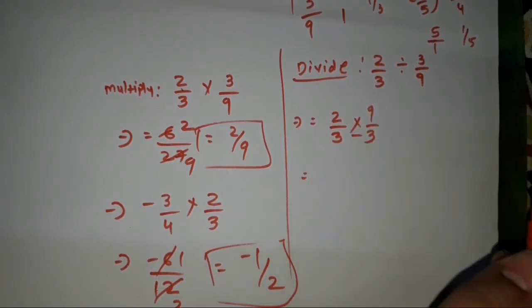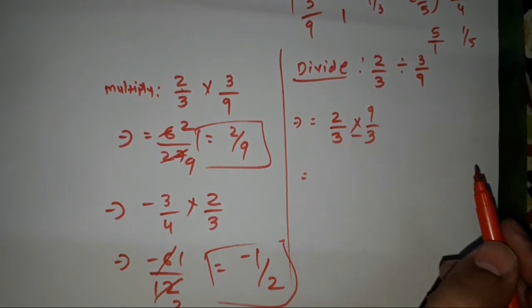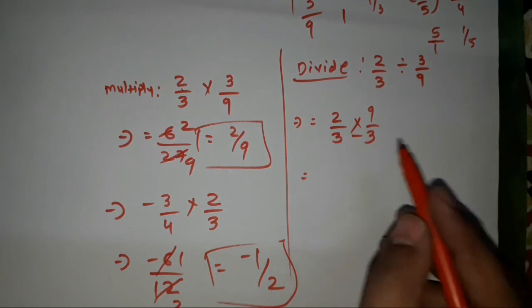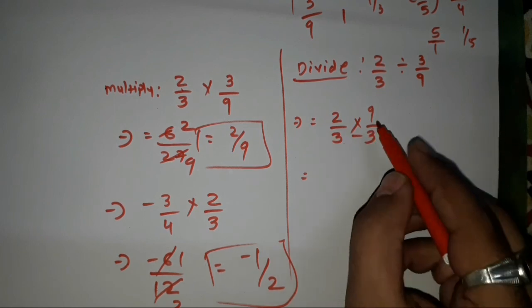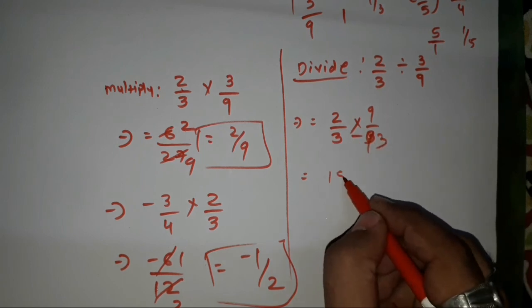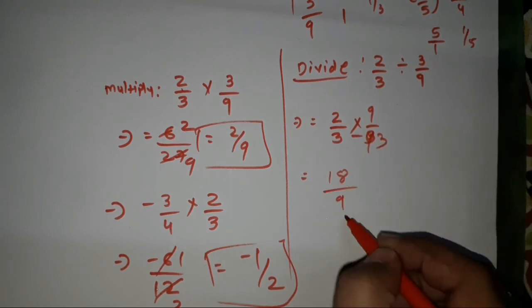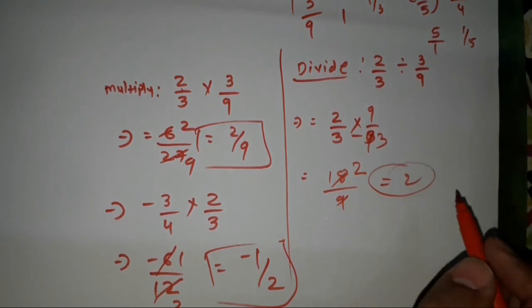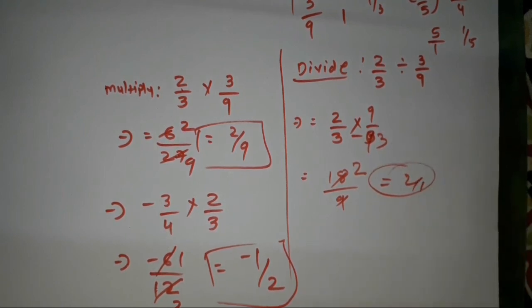Now here I have to put the multiplication sign. Now we know that I can multiply this. Sorry, here it is 3. So 2 9s are 18 upon 3 3s are 9. So 9 2s are 18, so 2 will be the answer, or we can say 2 upon 1. So this is how we have to divide rational numbers.